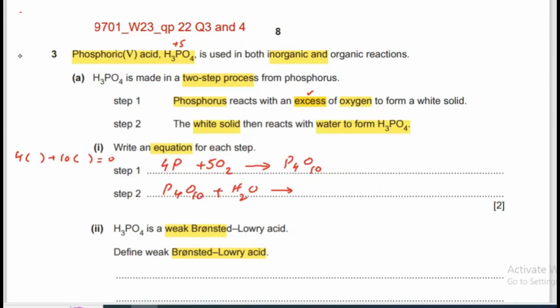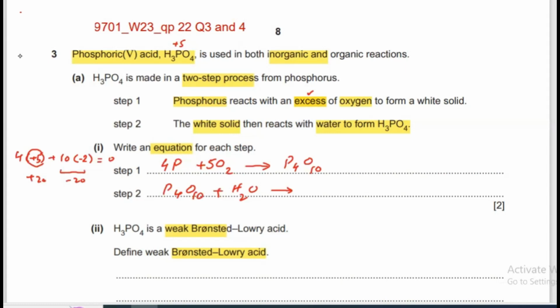We know normally the oxygen has -2, so the sum is -20. If we put +5 here, we will get +20, so that's why the sum will be 0. So in this compound, the oxidation state of phosphorus is +5.